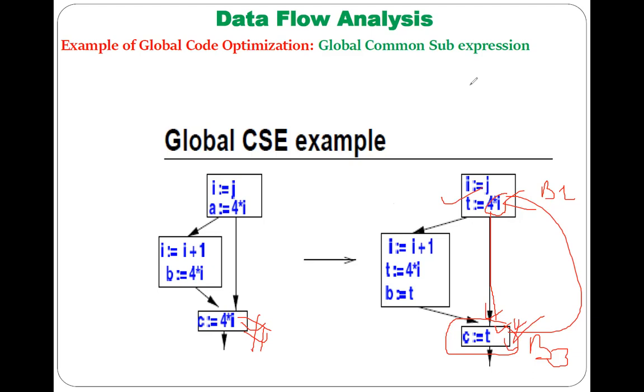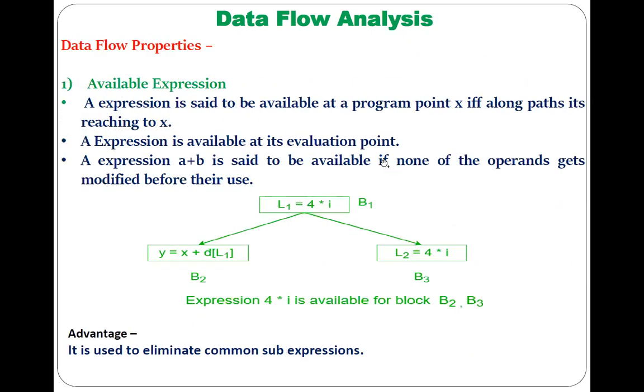Understood. As per our definition of available expression, what does it say? An expression A plus B is said to be available at a program point X if, along the path reaching X, none of the operands get modified before their use.